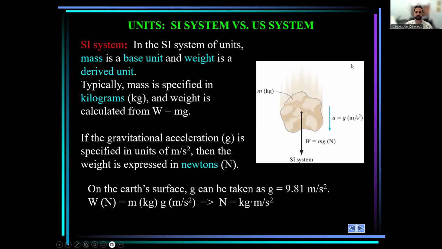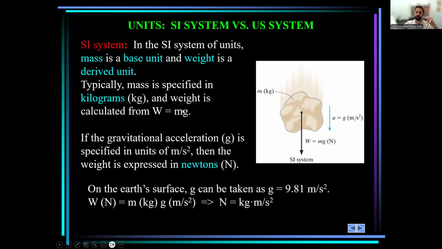So here we're going to need to get back familiar with our units if we aren't already. Hopefully you remember the mass mess of the US system, because we've got kilograms, which is nice, for mass in the SI system. So if we want to get a weight in the SI units, we just did a mass times gravity.